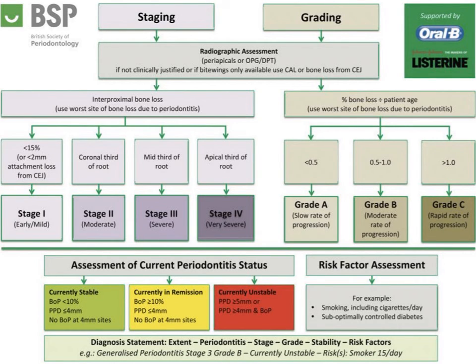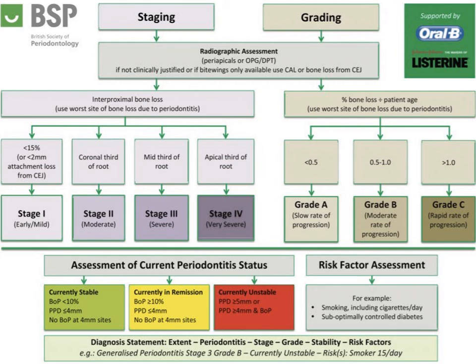Finally, this diagram represents a simple explanation of how to estimate the diagnosis of periodontitis, and you should make the diagnosis within 30 seconds after complete examination of your patient. You will start with a radiograph assessment or assessment of clinical attachment loss.